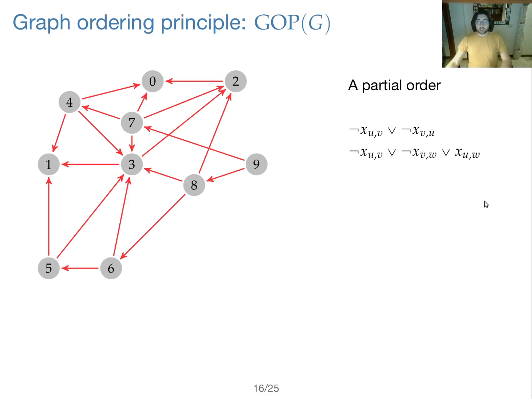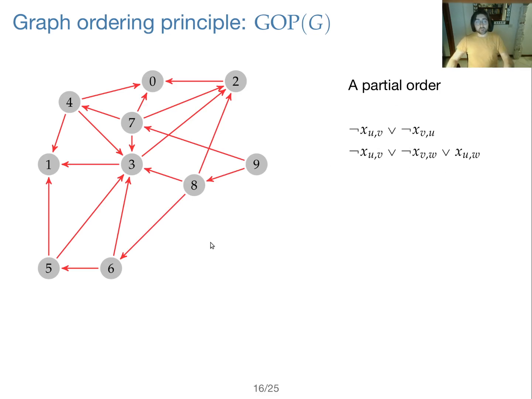And among those variables, the clauses of the formula claim that these variables will encode a partial order. More specifically, we'll say that there is a partial order among the vertices of the graph by saying that the relation expressed by x variables is antisymmetric and transitive.